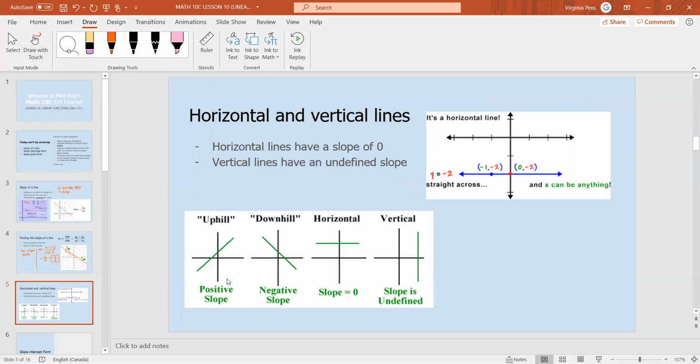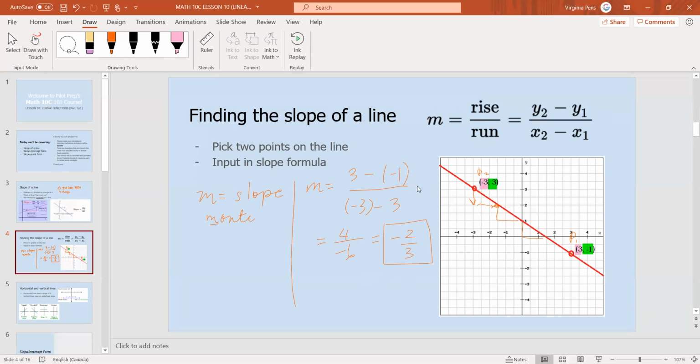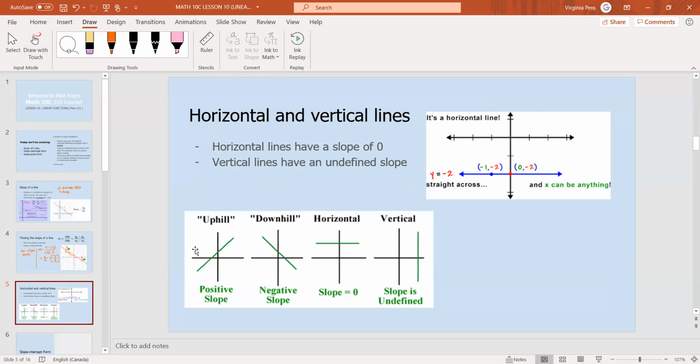Okay, so I'm going to talk quickly about horizontal and vertical lines. In the case before, it had a slope, right? But if we have a horizontal line, will a horizontal line still have a slope? Yes, it'll have a slope, but that slope will be 0 because it's not rising or running anywhere. It's staying constant. Let me write this down.